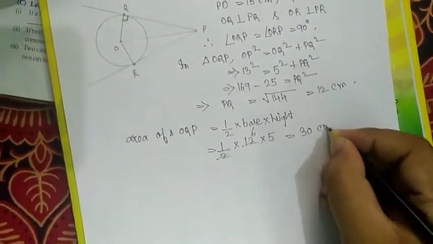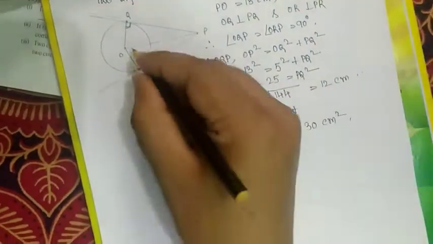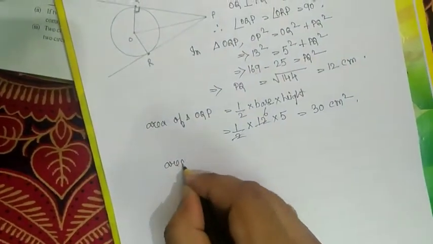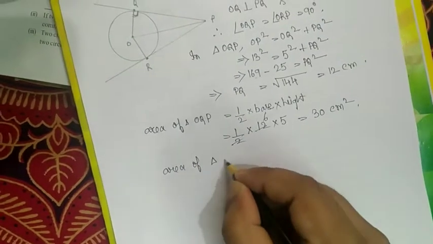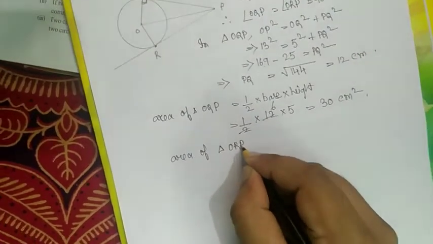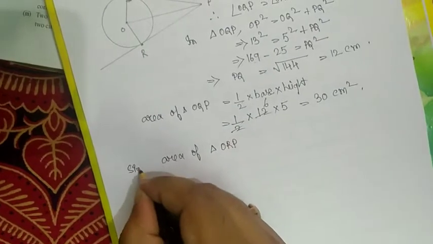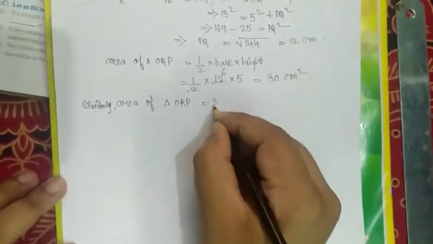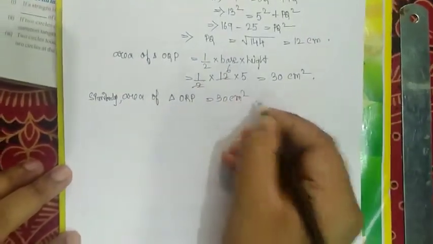so 30 centimeter square. So similarly, the area of triangle ORP, similarly we can say that the area of triangle ORP equals 30 centimeter square, same as the previous one.